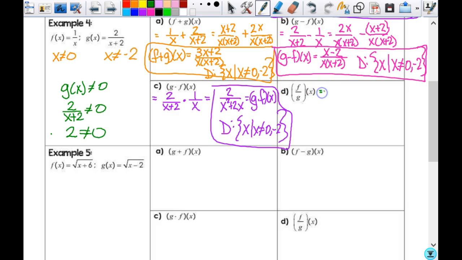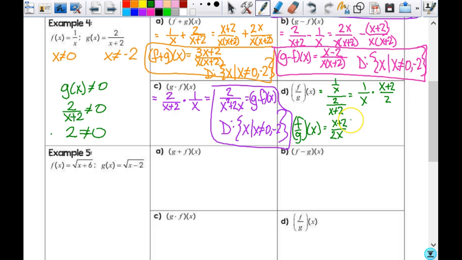But then I substituted in f of x is 1 over x over g of x, which is 2 over x plus 2. So dividing fractions is easy, right? 1 over x times x plus 2 over 2. So that means that f over g of x is equal to x plus 2 over 2x.